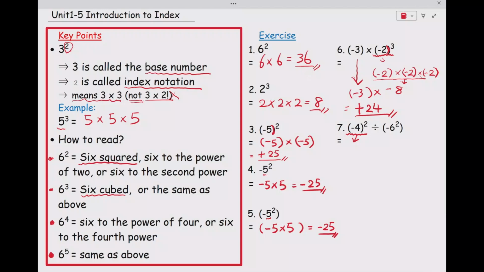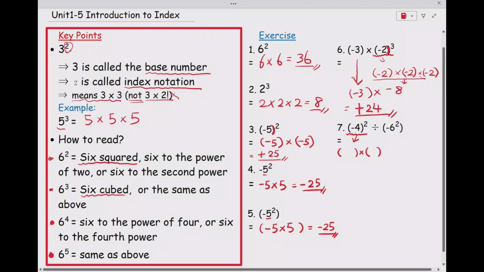So, let's write down brackets as many as the number of index indicates first. That's going to look like this. Brackets times brackets. And then, just copy the number to these brackets. And we get bracket minus 4 times bracket minus 4.